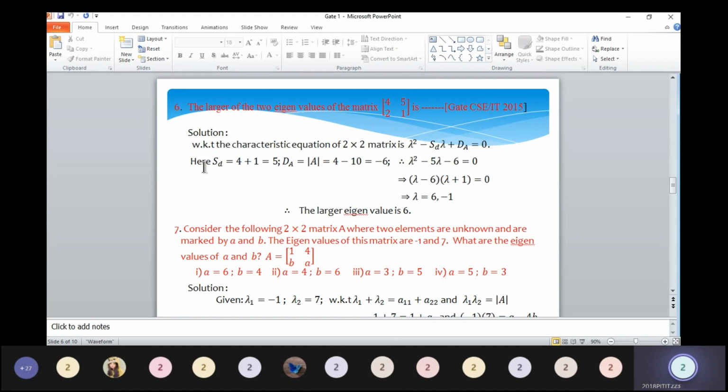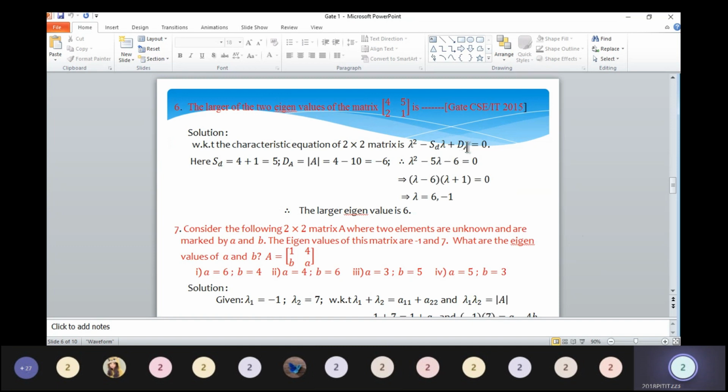Next problem. The larger of the two eigenvalues of the matrix, the larger one I want to find. Okay, first find the eigenvalues of the given 2 by 2 matrix. So the characteristic equation of a 2 by 2 matrix is lambda square minus (sum of the diagonal elements) lambda plus determinant. 4 plus 1 is 5, and the product of the eigenvalues is 4 minus 10, that is minus 6.